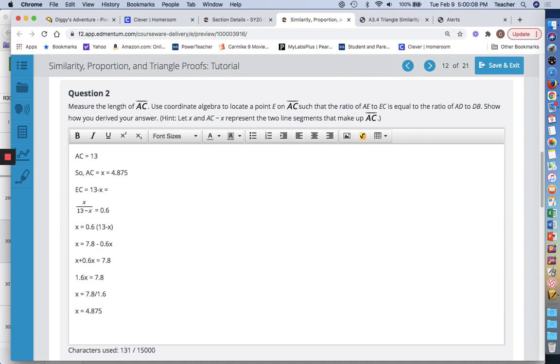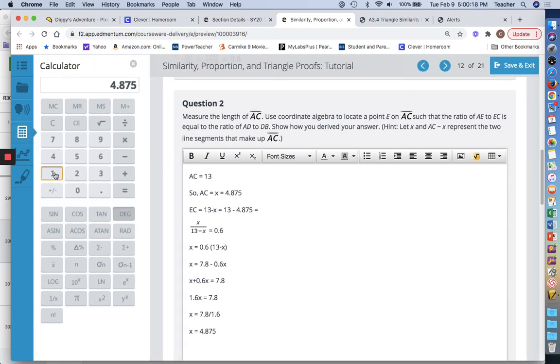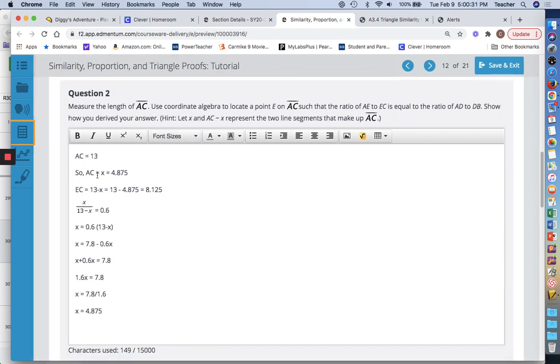So now I've got to say, okay, well, 13 minus 4.875. All right, well, let's find out what that number is. 13 minus 4.875. They don't make this easy, do they? All right, I got 8.125. So I've got the length of AC, and now I've got the length of EC.